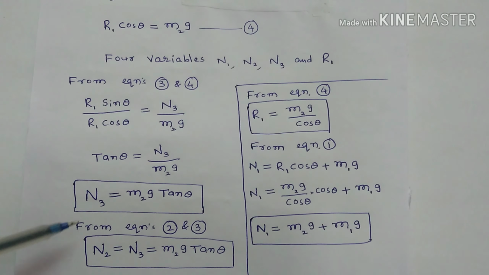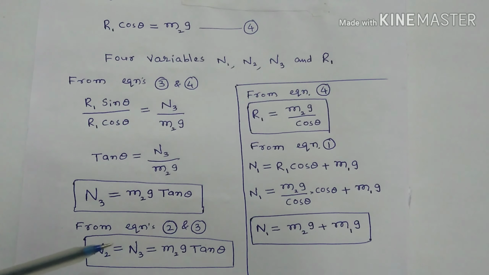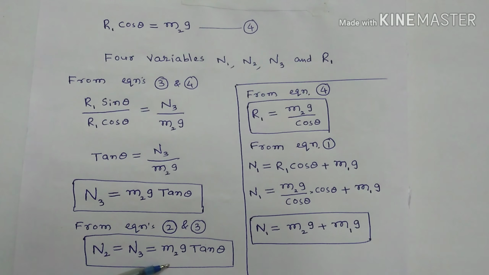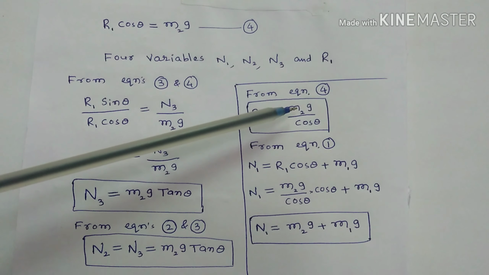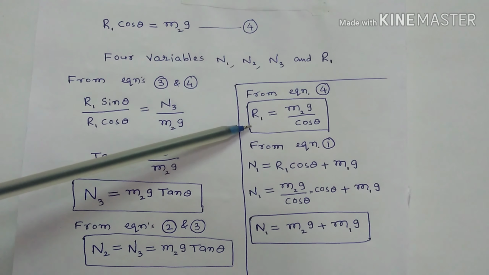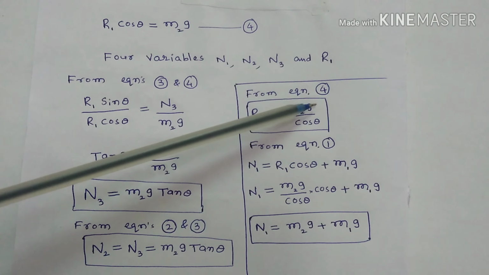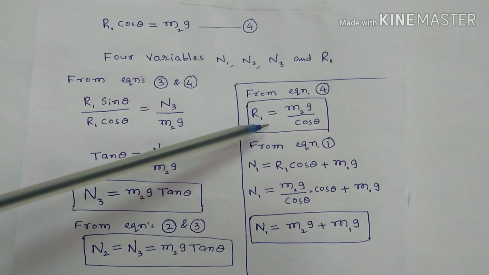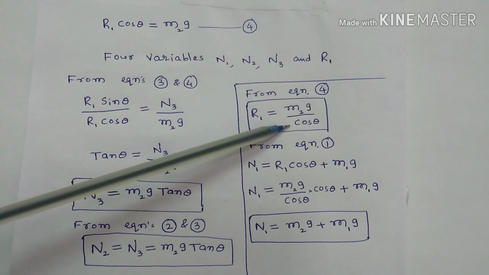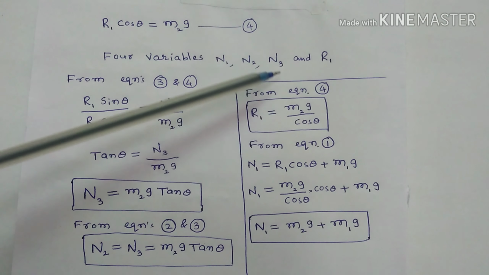Okay. From equations 2 and 3, N2 equal to N3 equal to M2G tan theta. Okay. From equation 4, directly we can write R1 equal to M2G divided by cos theta. This equation is valid for theta less than 90 degrees. Okay.